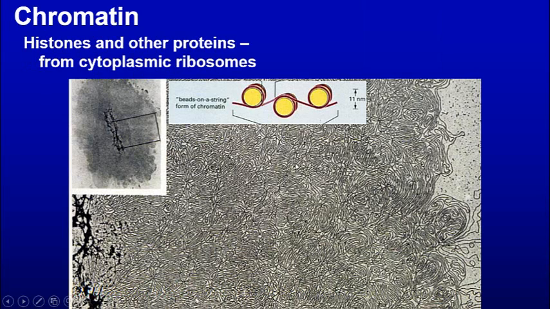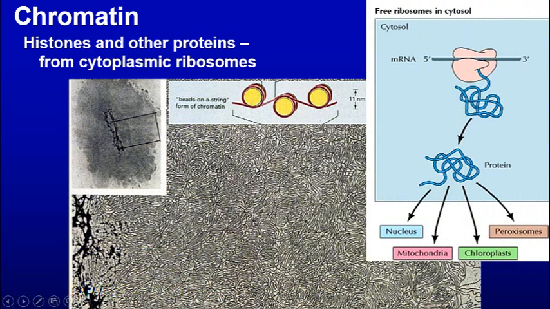So you have histones and other proteins from the cytosolic ribosomes that go into making the various components of the DNA. In terms of the messenger RNA, it comes down here and produces proteins in the cytosol that then go into the nucleus, as we talked about before, as well as into the mitochondria, chloroplasts and peroxisomes.